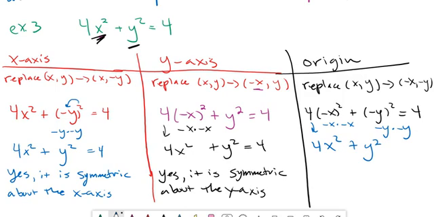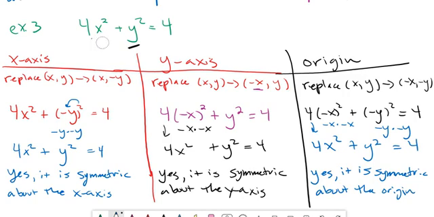Y times y would be y squared. And then still equals 4. So now we're asking ourselves, does that simplified blue equation match the original green equation exactly? And it does. So this particular graph is also symmetric about the origin.